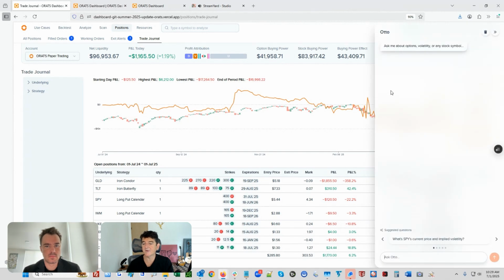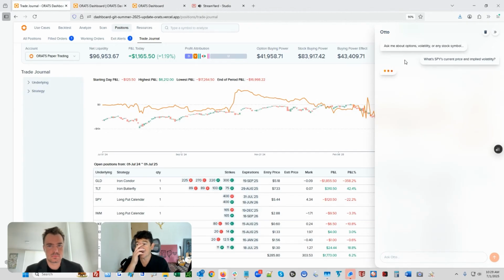And then you could ask ORATS, like, what's the SPY current implied price and volatility? Auto on our site is very good at talking about our offering and where to get the data and what we do. But now Auto has been trained to go into our data and research much deeper questions on implied volatility levels and current price levels and all that.